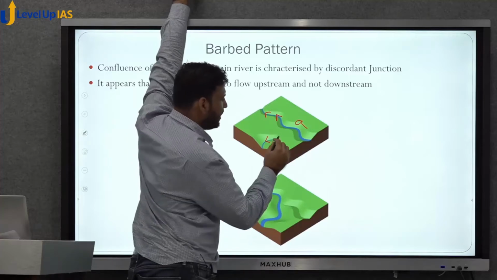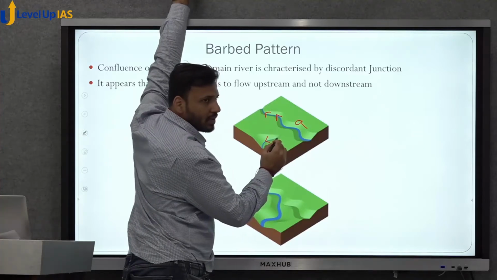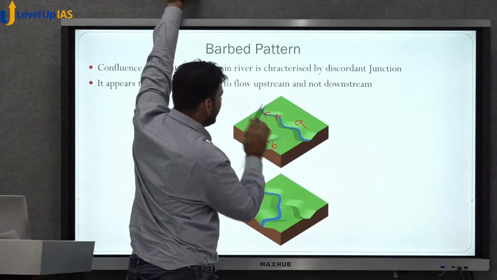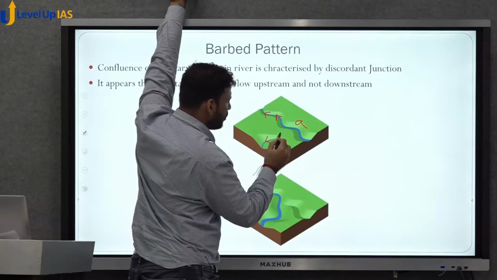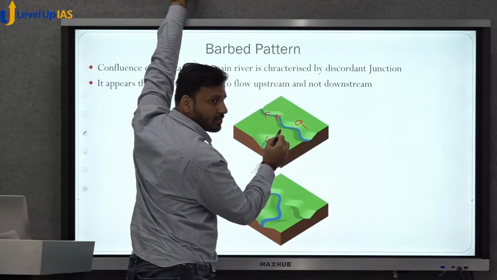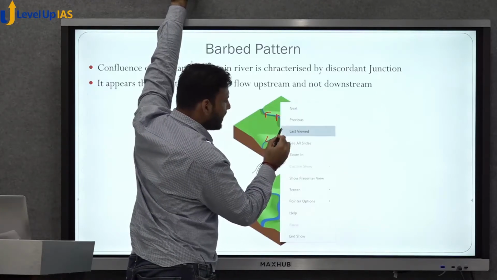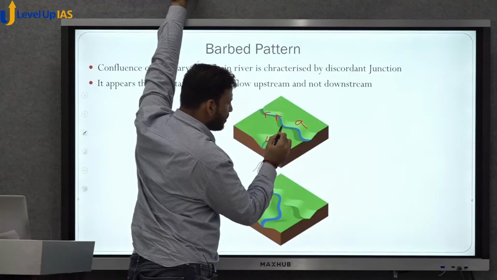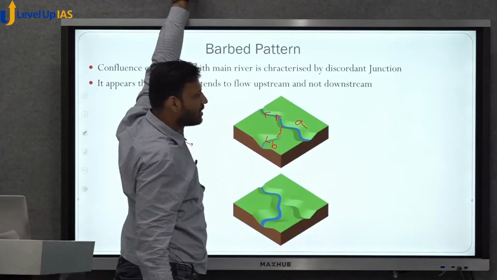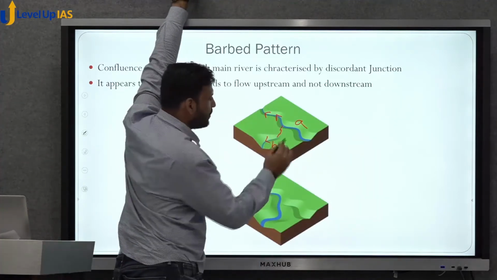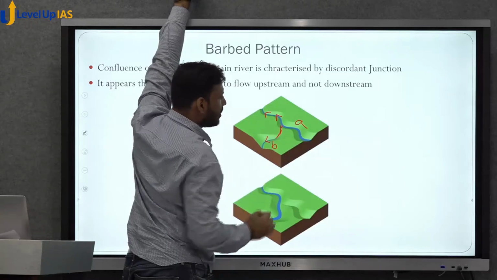Slowly, headward erosion of river B happens. Headward erosion means this river erodes in this direction. And finally, it erodes up to river A. So because of that, what happens?